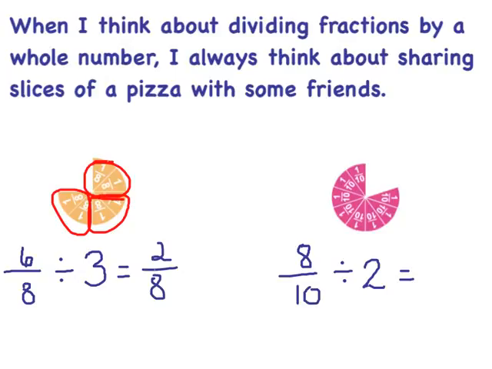In this pizza, I see that some of the slices are missing, but this one was sliced into 10 slices. And I have 8 of them left, or 8/10. This time, I want to take my 8/10 of pizza and share it with 2 friends.